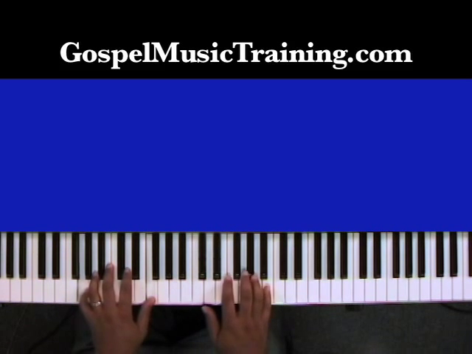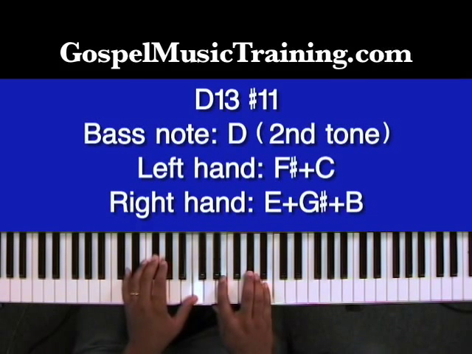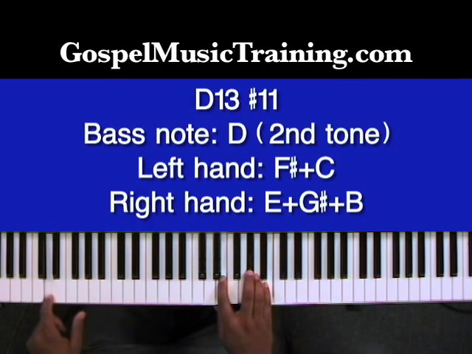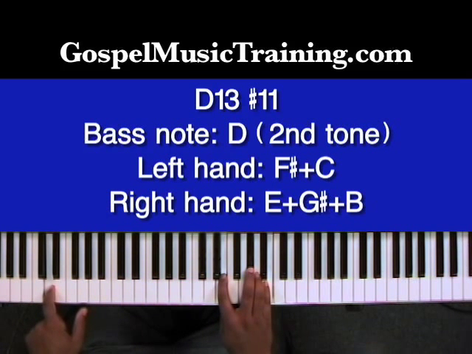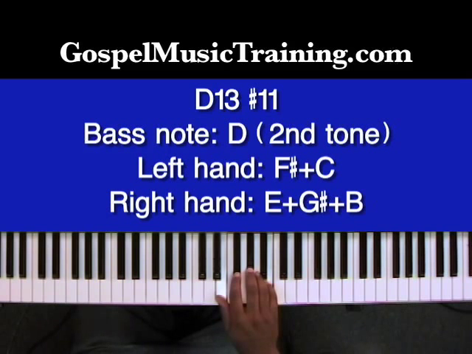And I'll explain that, but what we have is an E major chord in my right hand. And how I get this chord is pretty much I count up a whole step from D, our bass note, which is also our 2. So that's how I get my right hand. So I have E, G sharp, and B. And my left hand is easy as well.